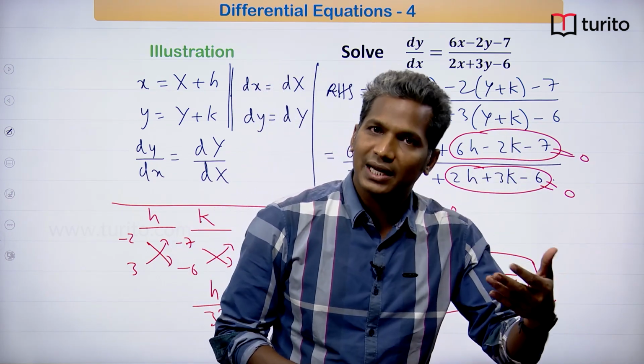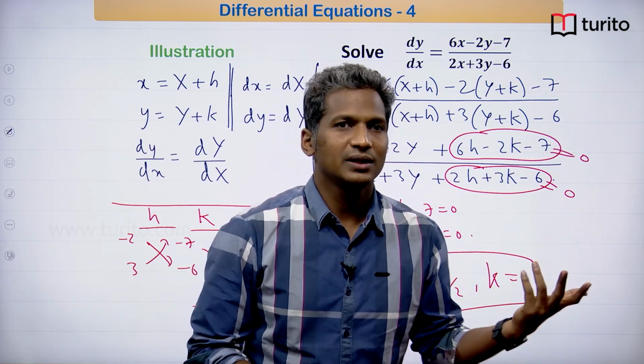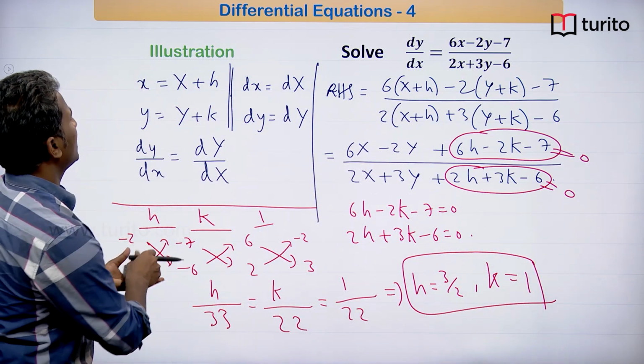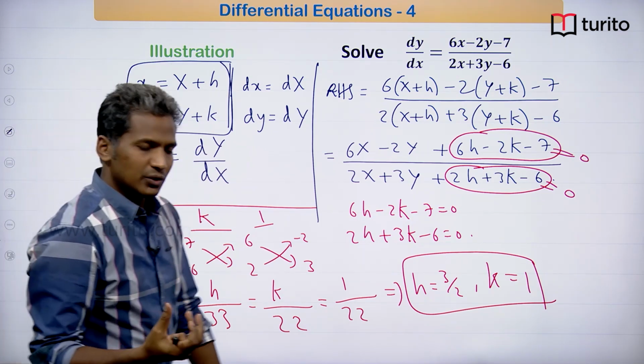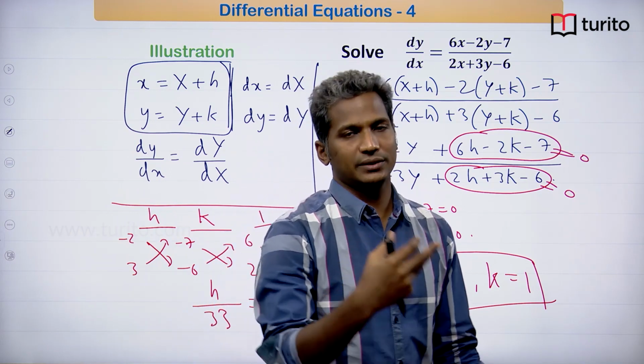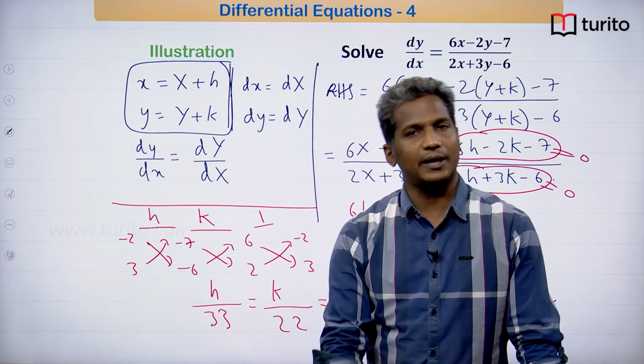In place of x, x plus h comes, in place of y, y plus k comes, right? So basically you can imagine that by applying this transformation, we are shifting the origin to a point h comma k.